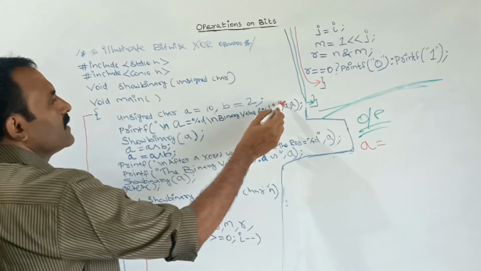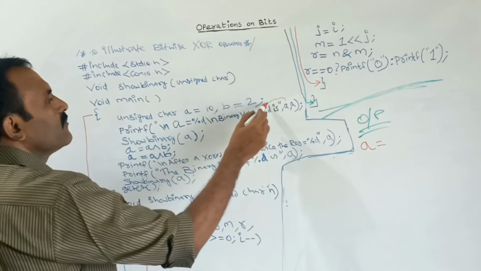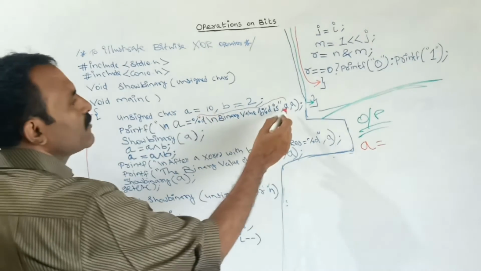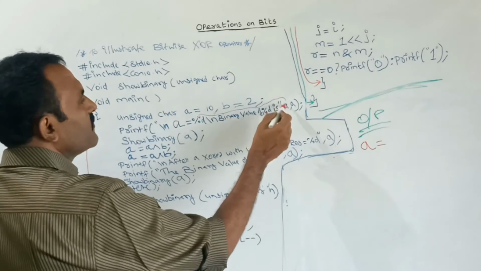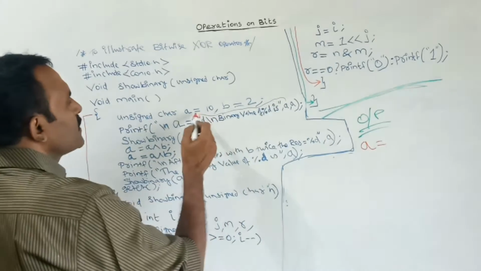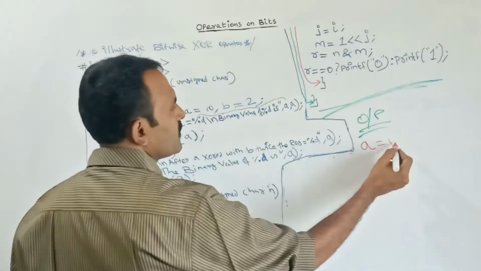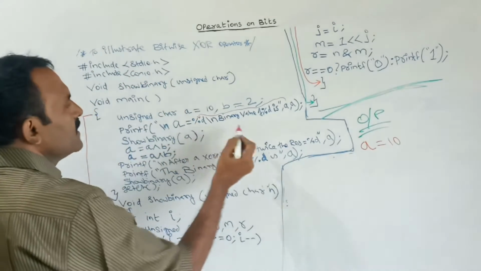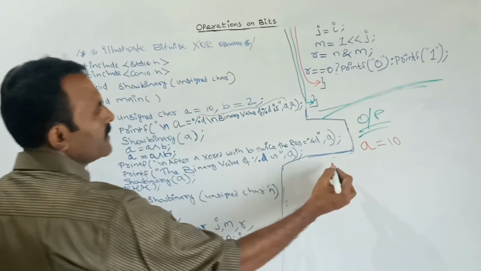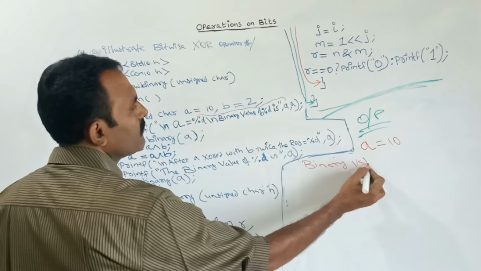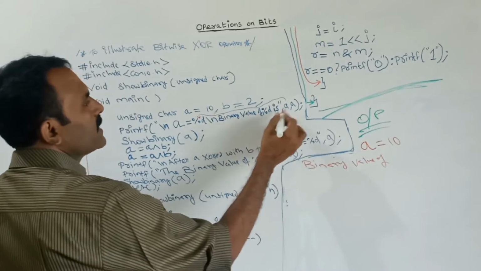First I have declared the variable A, and first I had given the variable A. So at the very first, the decimal value of A will print here. A is equal to 10. Next, \n, at the next line, binary value of %d is.